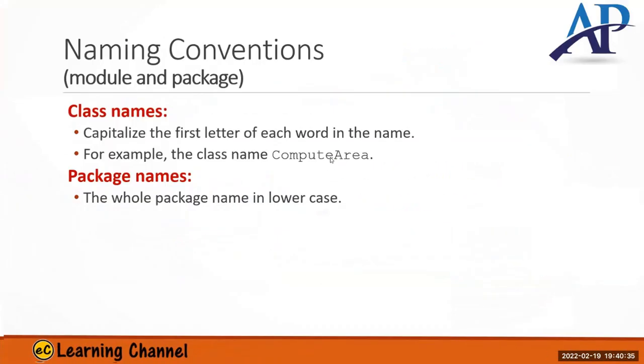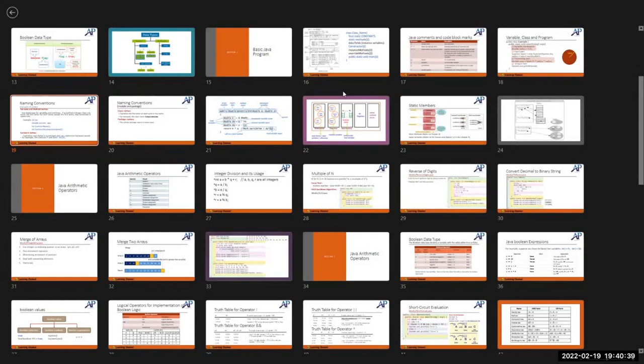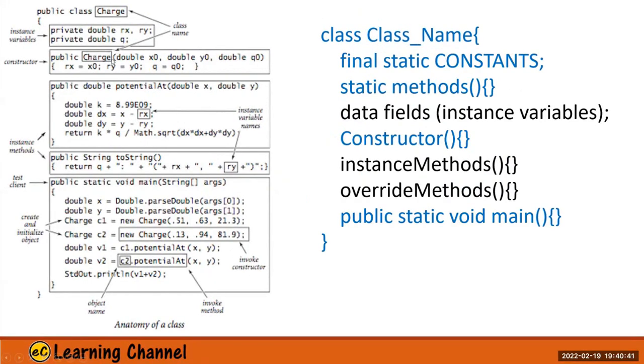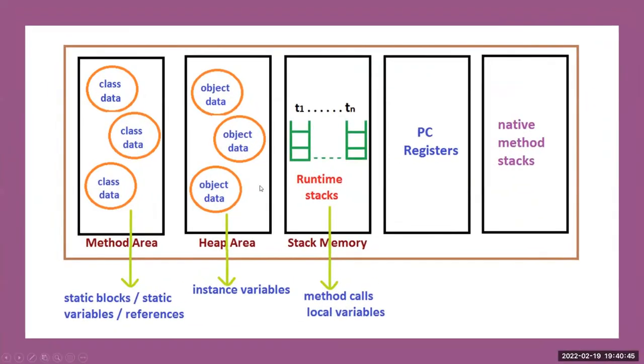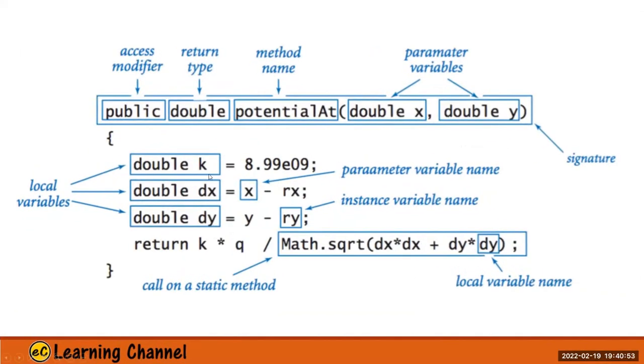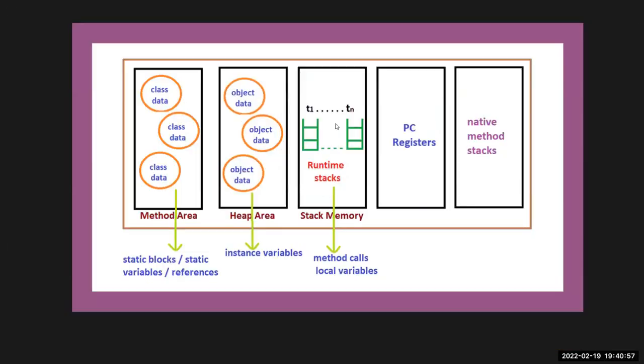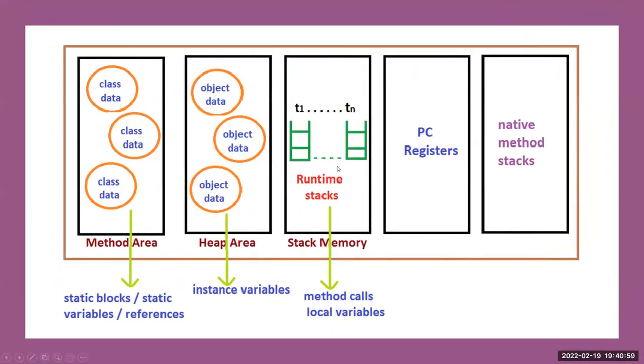And right here, when you use a constructor like this charge to build an object, that data will be stored in your heap area. If you declare a variable, say double K, it is a local variable that will be stored in the stack. So the stack stores the local variables.